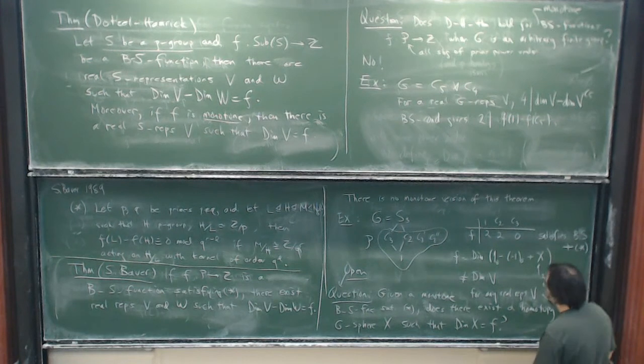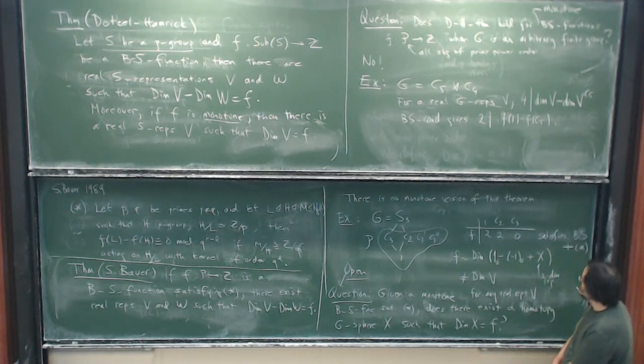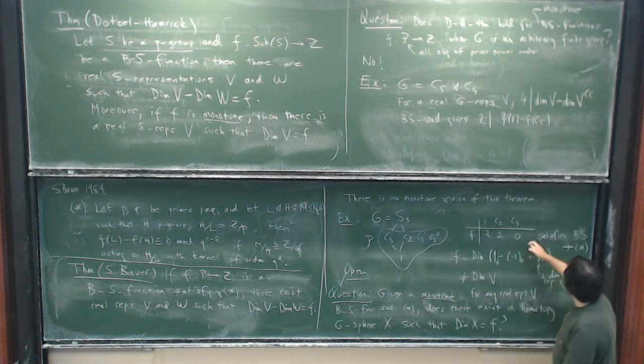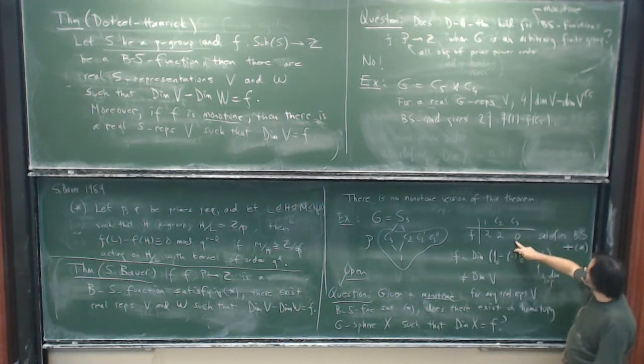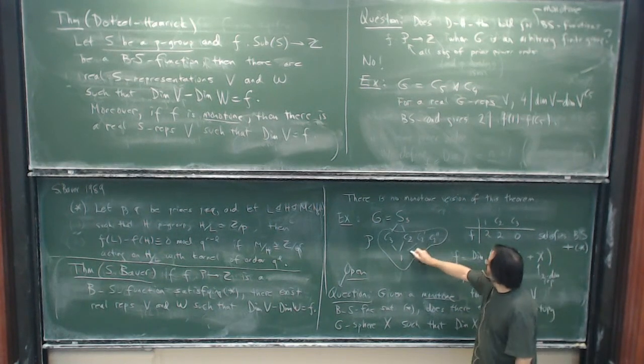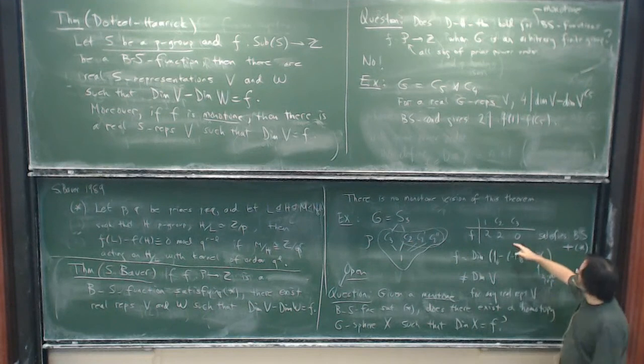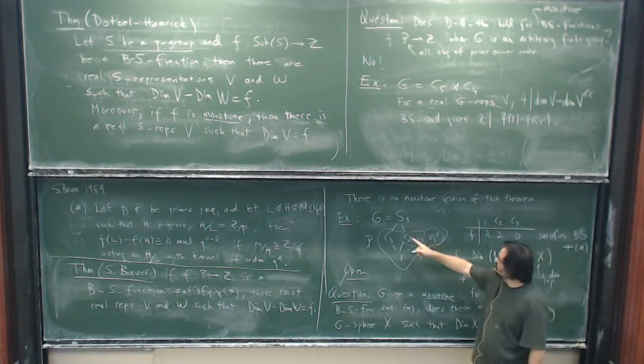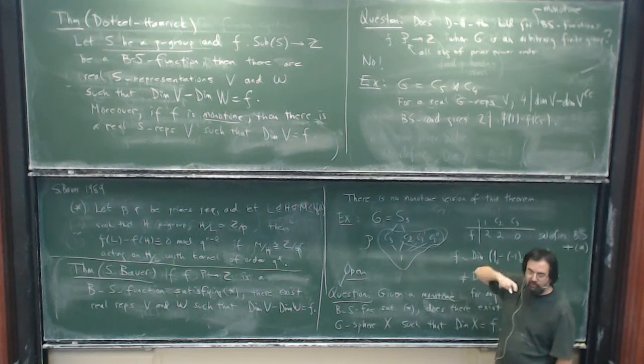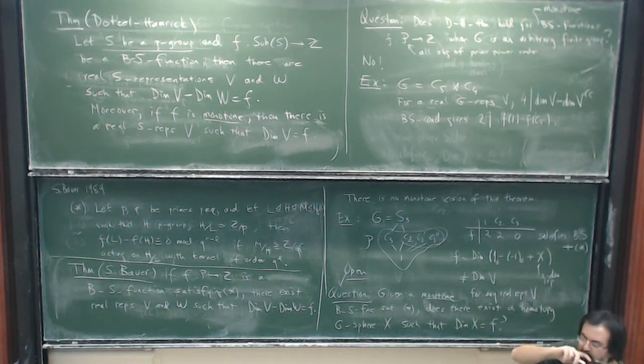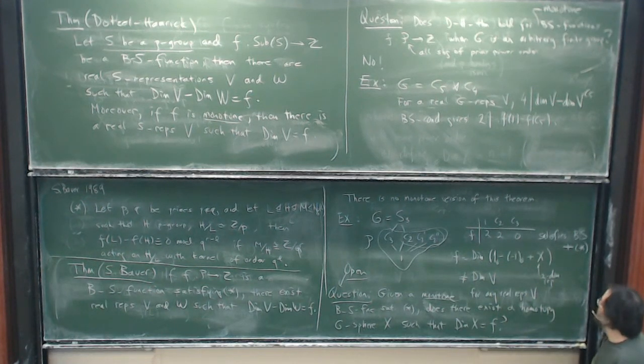Yes, so the problem is not the monotone. The problem with this is that all these values are non-zero, 2, and the subgroup generated by this is not a 2-group. Yeah, exactly. That's what I'm asking. But if F1 is strictly greater than C2, is it always realized?